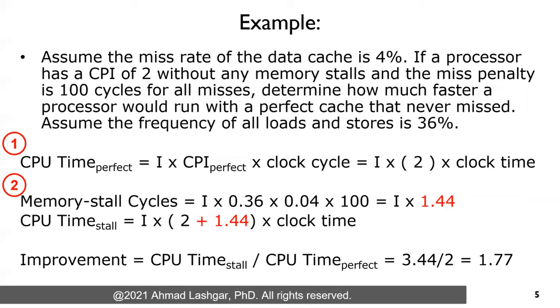So clock time and I will be canceled from both sides of the division here. And we end up with 3.44 over 2. And we end up with 1.77. That's the rate of improvement we get if we improve the memory hierarchy of this processor. And that's the maximum amount of improvement. So any improvement we make will be less than 77%.